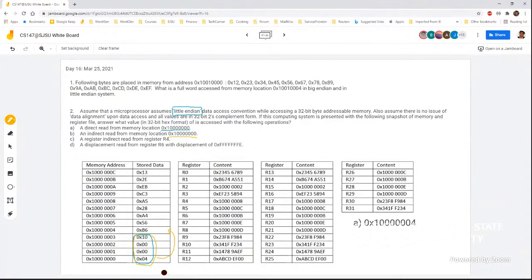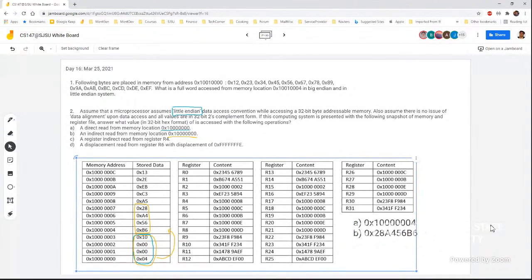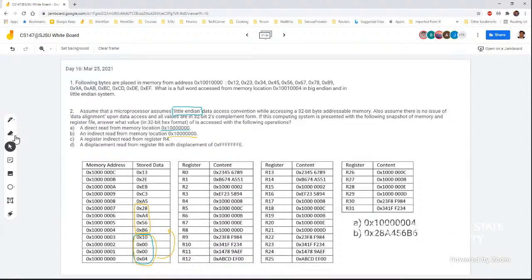That's the indirect, and that means ultimately my data will be picked up from these 4 bytes. And since it's a little endian system, B would be 28A456B6. Now the next one, number C.